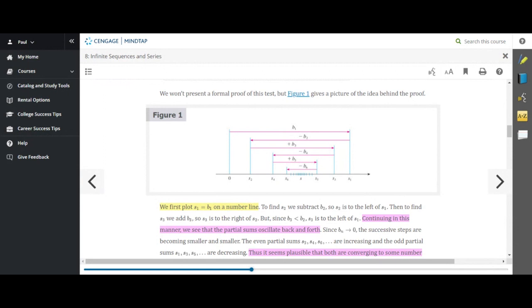And what's happening is as you subtract and add terms, it moves the partial sums about that sum s. But since the terms are getting smaller and smaller, eventually the partial sums have to essentially converge to the middle, which is that final sum s. So Figure 1 just shows an intuitive way to understand why the alternating series test is true.